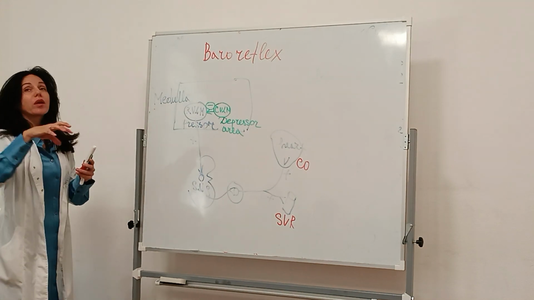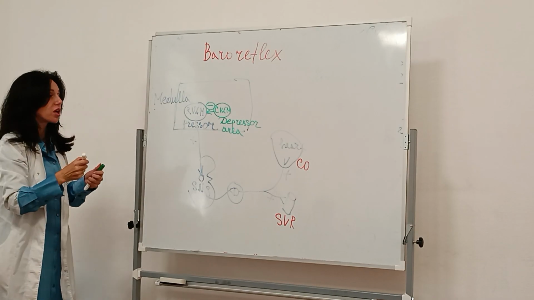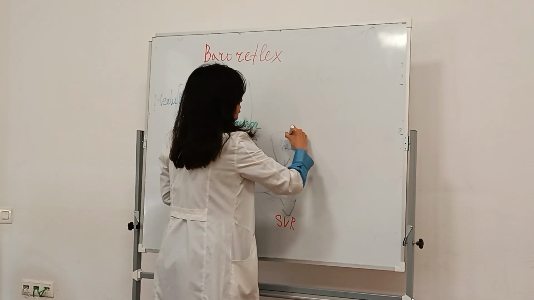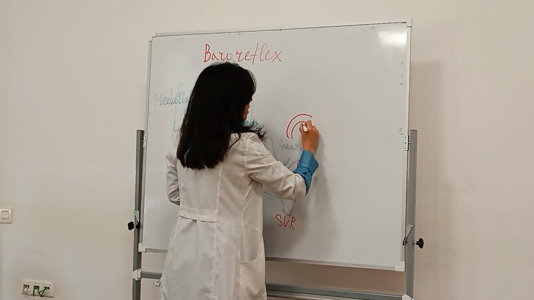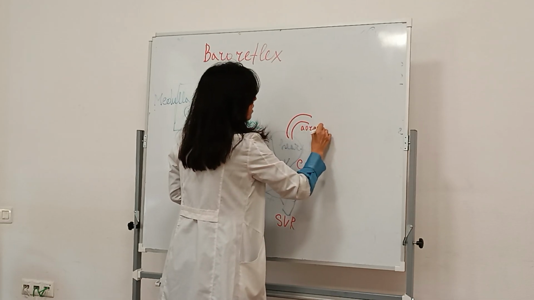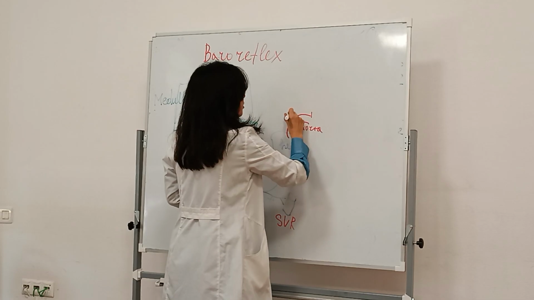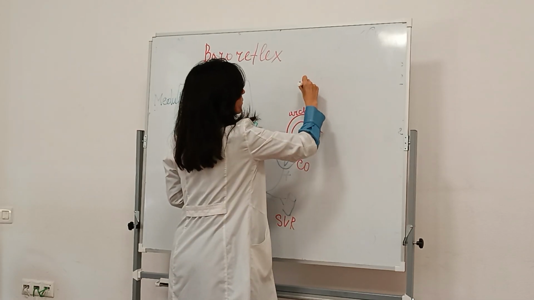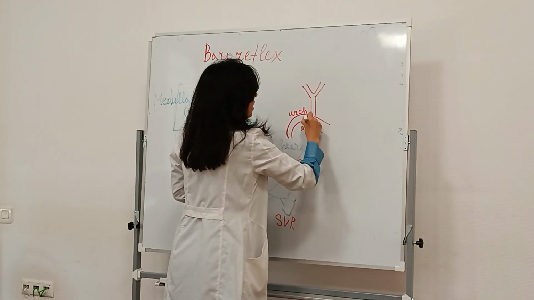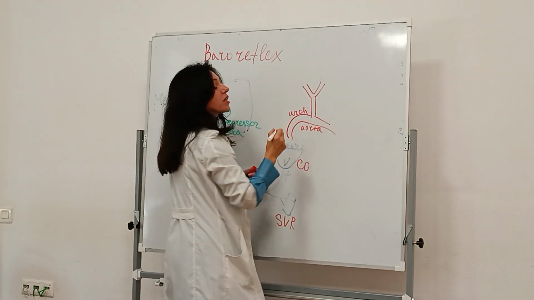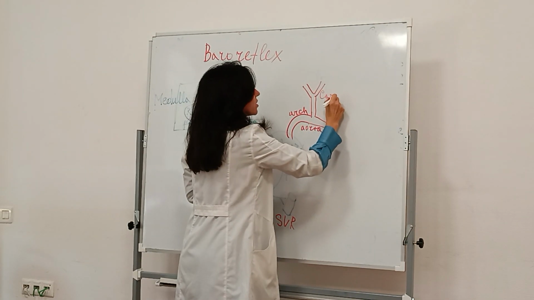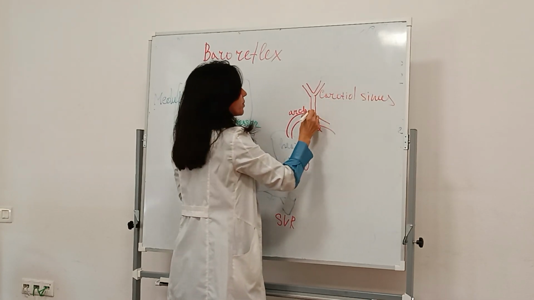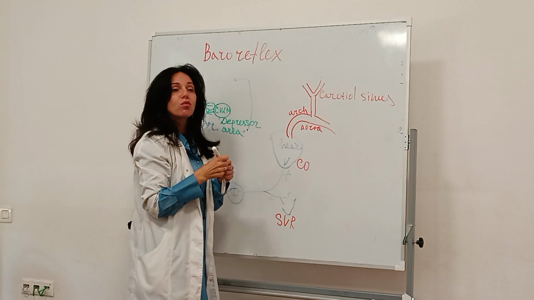The heart and large arteries, the aortic arch, the aorta and the carotid sinus have special receptors sensitive to pressure.